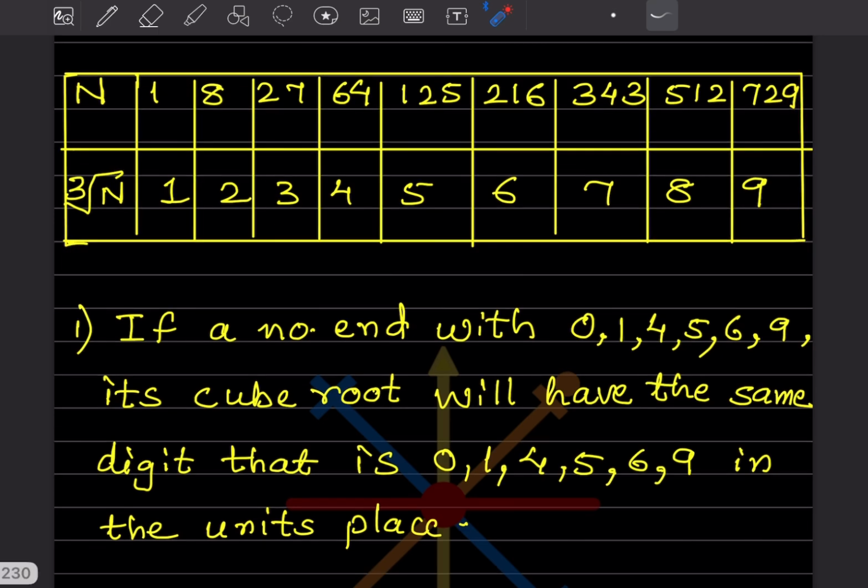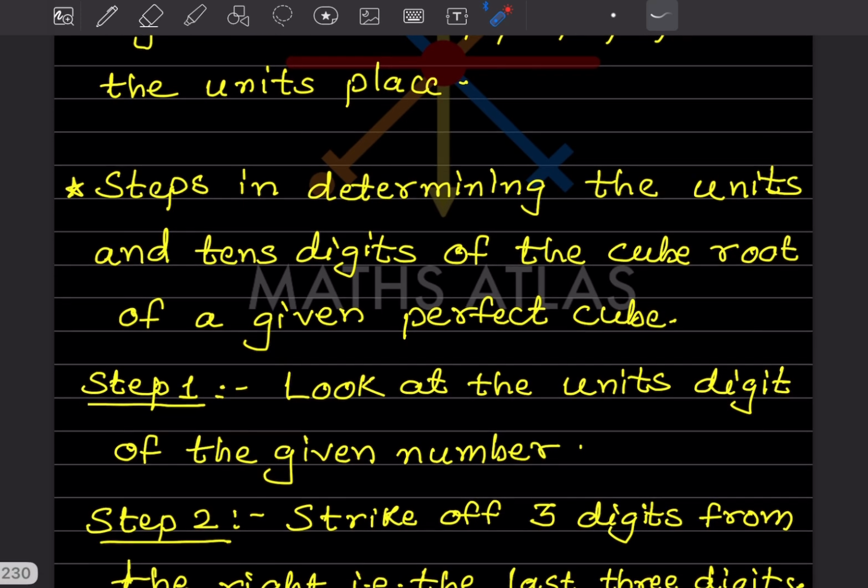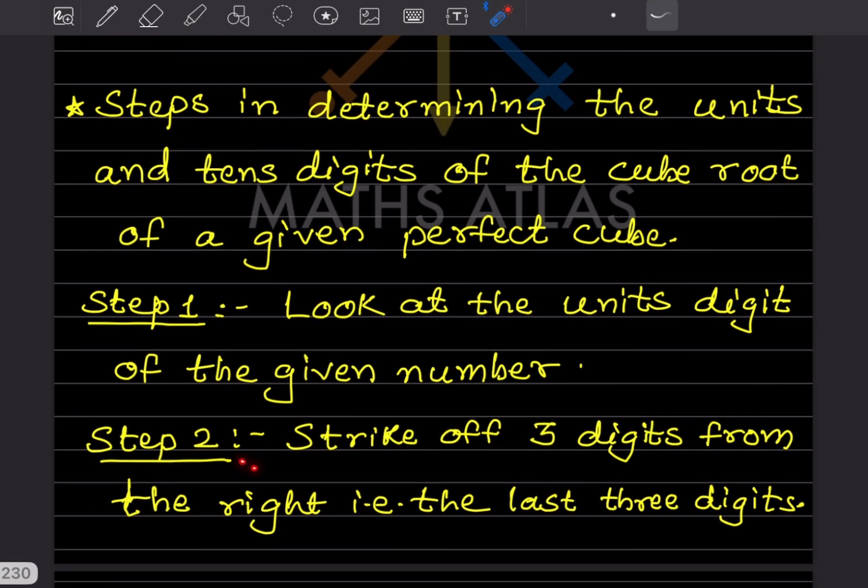So now we will see the steps in determining the units and tens digit of the cube root of a given perfect cube. Just by reading the steps, sometimes you might not understand, so I'll give you the example later. Step 1: look at the units digit of the given number. Step 2: strike off 3 digits from the right. Suppose the number is given here, 2, 1, 3, 4.